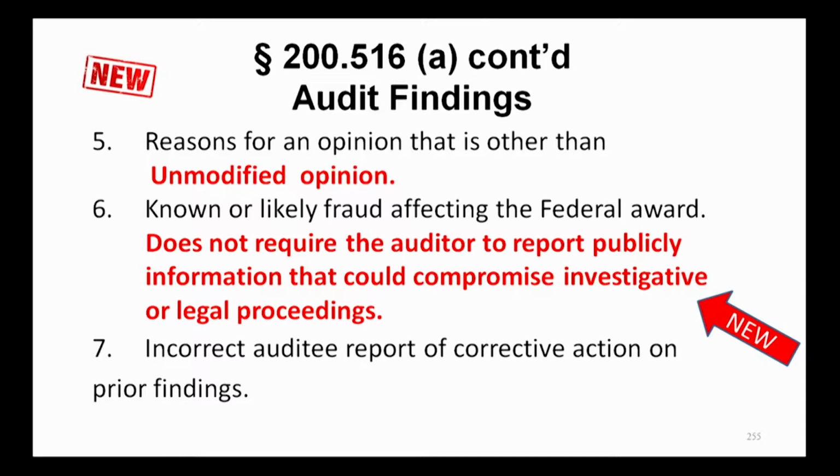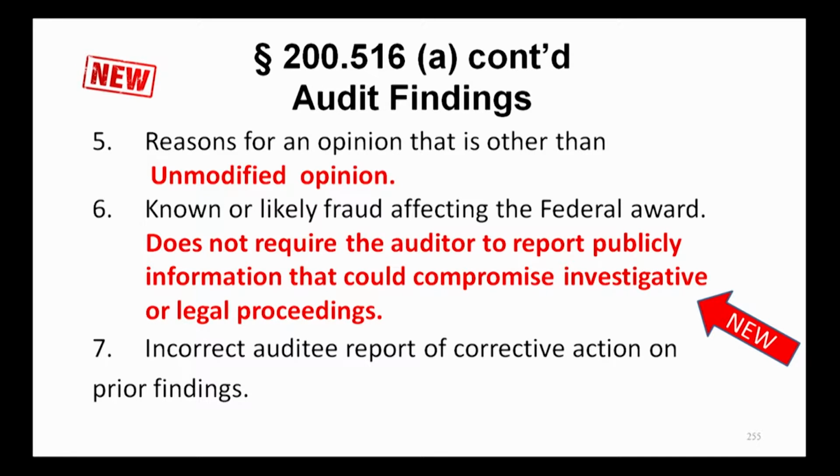Paragraph 5, again continuing on with 516A, reasons for audit findings. What's added is the reasons for an opinion that is other than unmodified. And then 6, known or likely fraud affecting the federal award does not require the auditor to report publicly information that could compromise an investigative or legal proceeding.